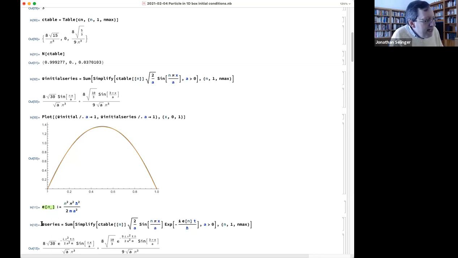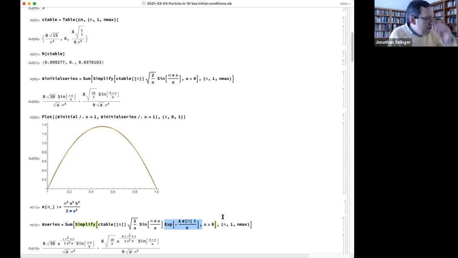So then I can get a psi series, which is a sum of the Cn times the time-independent solution, lowercase psi n, times the corresponding exponential factor, e to the minus i energy n times time over h bar.